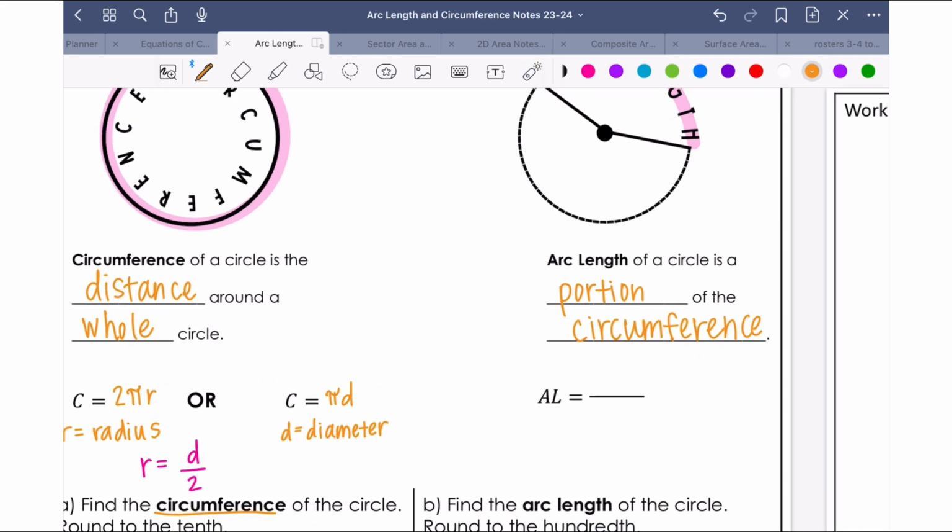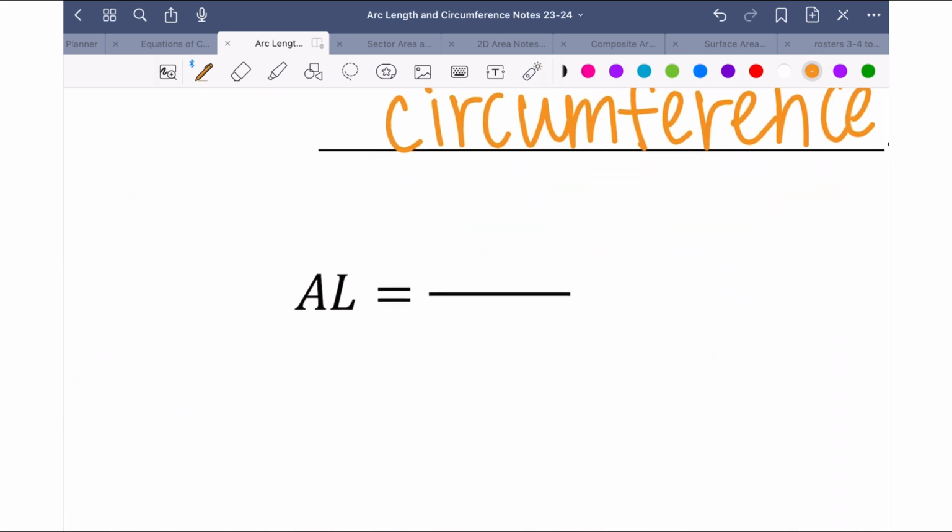All right, so for this formula, arc length, that's what this AL stands for, arc length, okay? This formula has 2 parts to it. So how many degrees are in a full circle? There's 360 degrees. But for arc length, I only want a portion of it. So it's X degrees, the degrees you're looking at, out of 360, times your circumference.